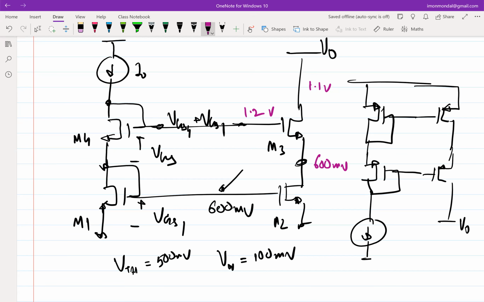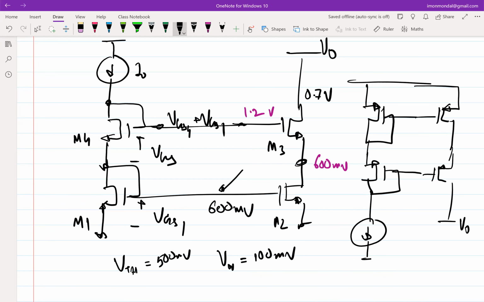So this is not 1.1, minus VT, right? So this is 0.7. Okay. So I am losing 600 millivolt across M2. M3 is fine. It's only 100 millivolt. Correct? So it seems like this is causing most of the problem.